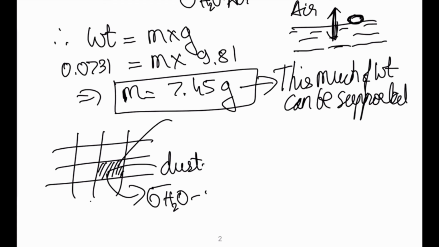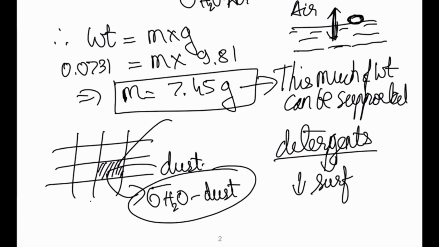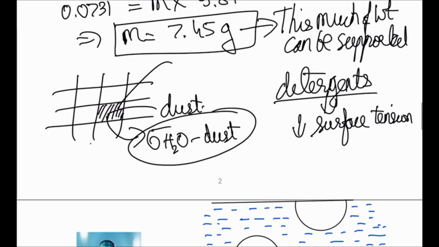There is an interface between water and dust here. So when we add detergents, they decrease the surface tension, and hence we can easily remove the stain.